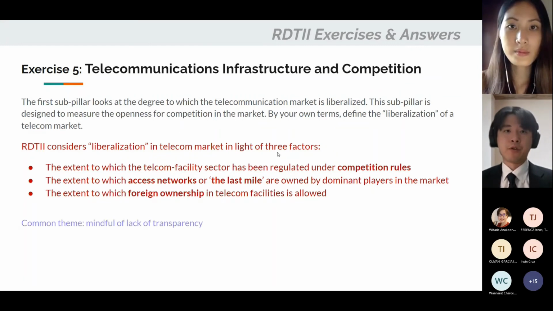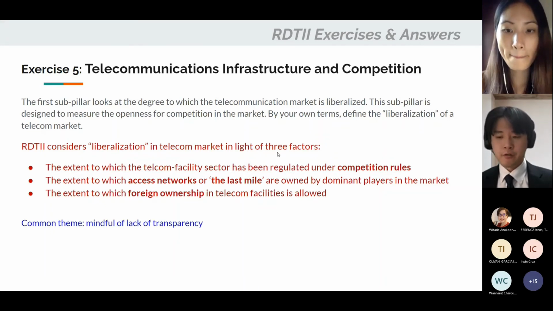In this example, we wanted to show that RDTII is mindful of lack of transparency. Often the telecom market is not transparent. It is not accurately captured by what the law says, what regulations say necessarily. It sometimes depends on market circumstances and how those laws and regulations actually apply in reality. So we noticed that that is one of the characteristics of telecom regulation.